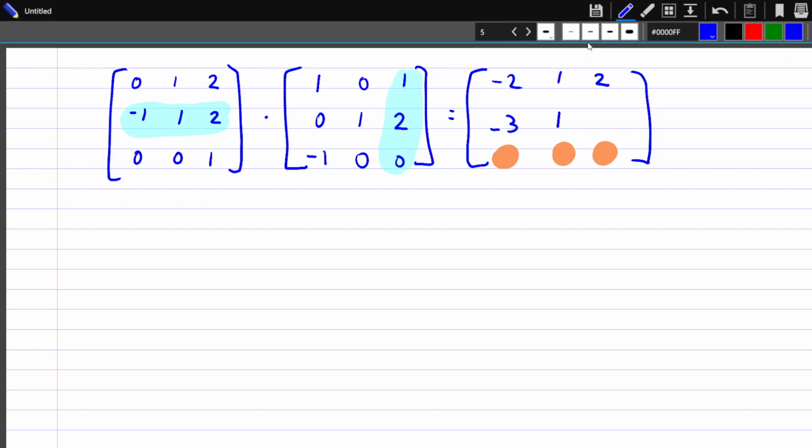Let's do this a little faster. Minus 1 times 1, plus 1 times 2, plus 2 times 0 equals 1. Minus 1 plus, let me do it a little more analytically, plus 0, minus 1 plus 2 equals 1.